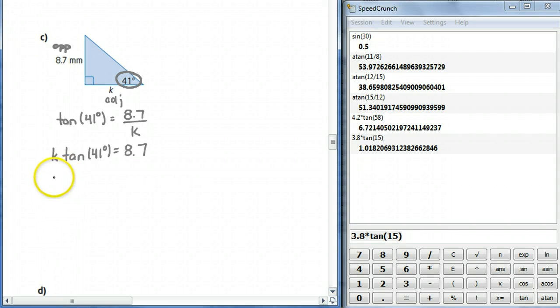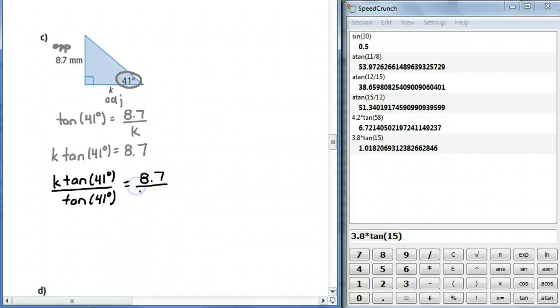I typically wouldn't write it here, but if tan of 41 degrees is simply a number, I can divide both sides by tan of 41 degrees. And those are going to cancel out. And of course, if I divide one side by tan of 41, I have to divide the other side by tan of 41 degrees. And I get k is equal to 8.7 divided by tan of 41 degrees.